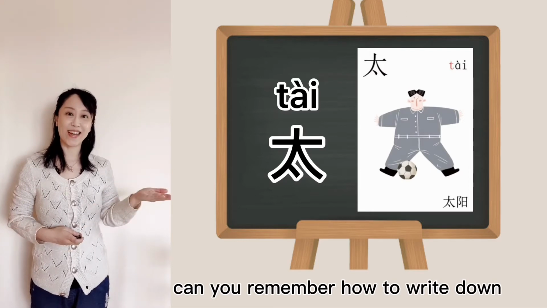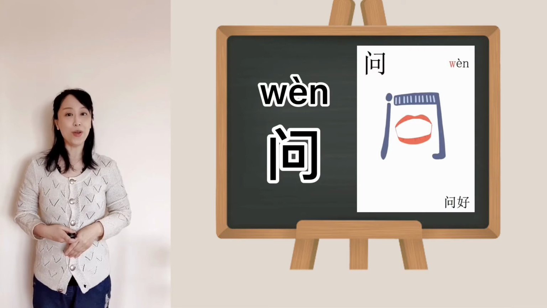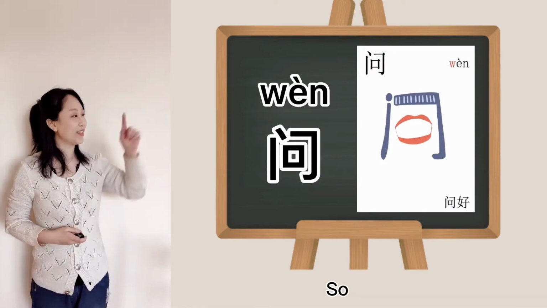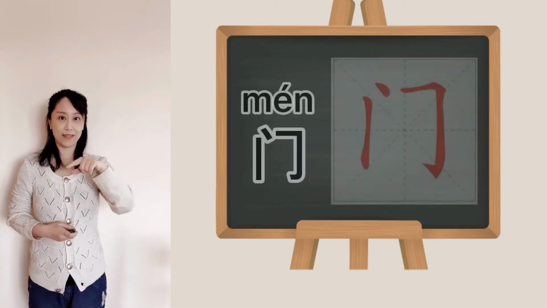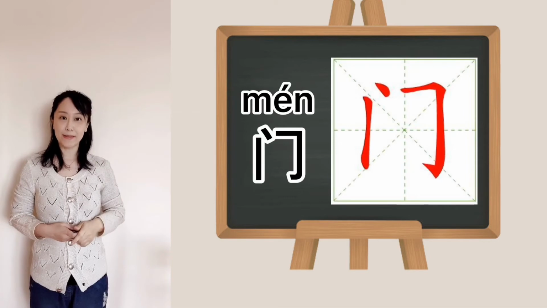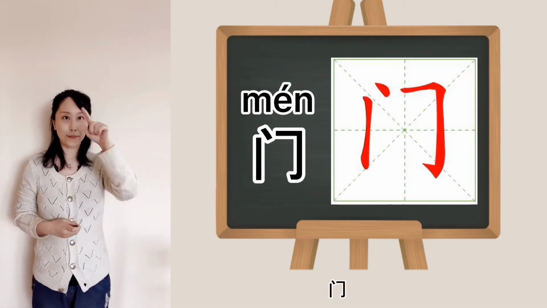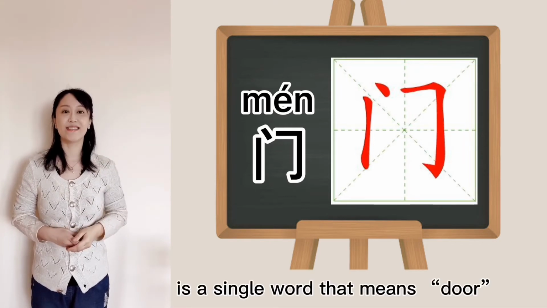How to write down? 问 means ask. So see this character. 门 In Chinese, 门 is a single word, means the door.